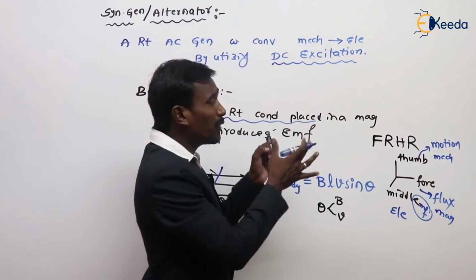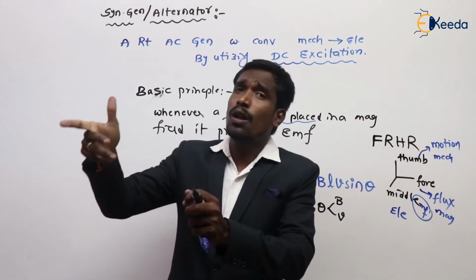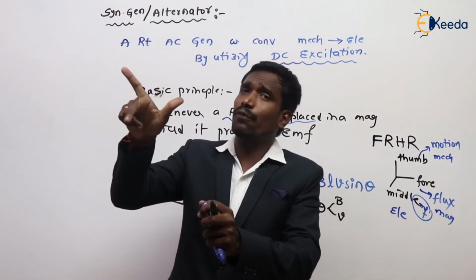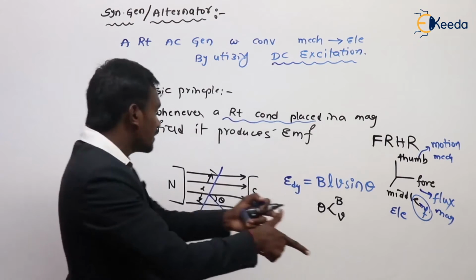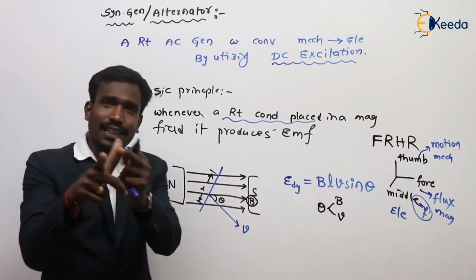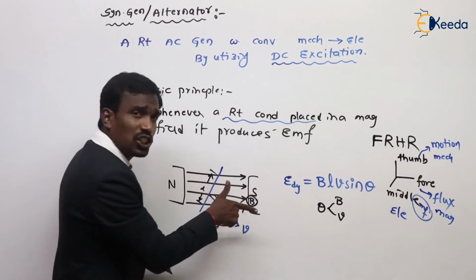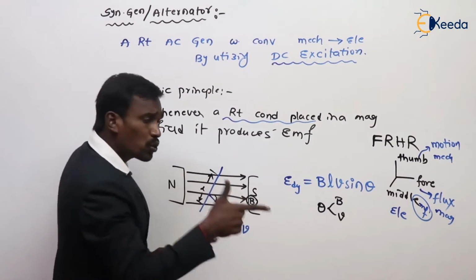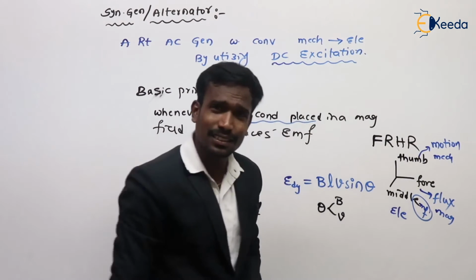This is given by Fleming's right hand rule. According to Fleming's right hand rule, when we stretch the three fingers of the right hand at 90 degrees to each other, the thumb indicates the motion of the conductor. The forefinger indicates the flux direction. When these two exist here, then EMF is induced.